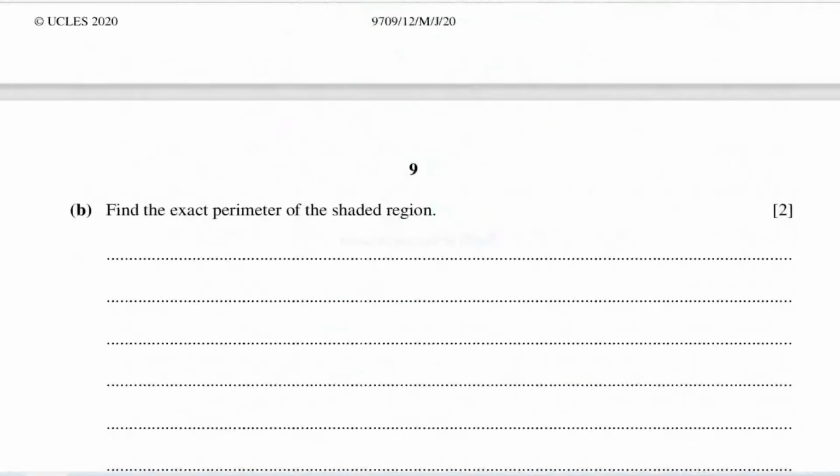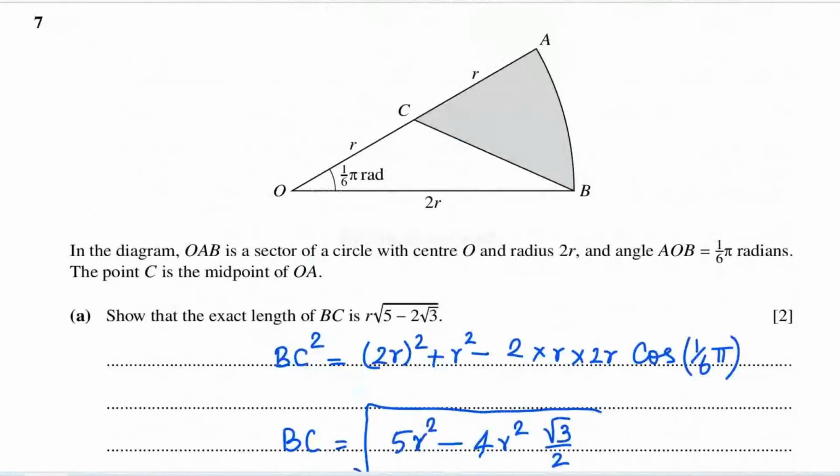The next part of the question is find the exact perimeter of the shaded region. So for the perimeter of the shaded region, we know one side, that is CA, which is r, and now we calculated CB also, which is r multiplied by square root of 5 minus 2 multiplied by square root of 3, which is given also here.